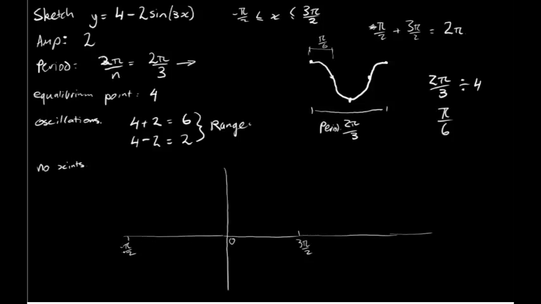Which means from minus pi on 2 to 0, we get minus pi on 6, minus 2 pi on 6, and that would be minus 3 pi on 6, but it evaluates to minus pi on 2. So here's 1, 2, 3, and we can split this up into sixths as well.